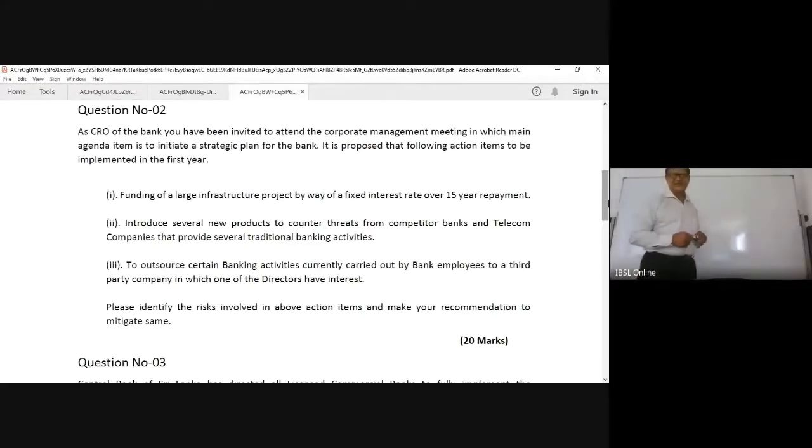Funding of a large infrastructure project. So it's a credit facility. It says large. So you have one risk. If one of the large customers of your bank falls into the non-performing category, you have credit risk.